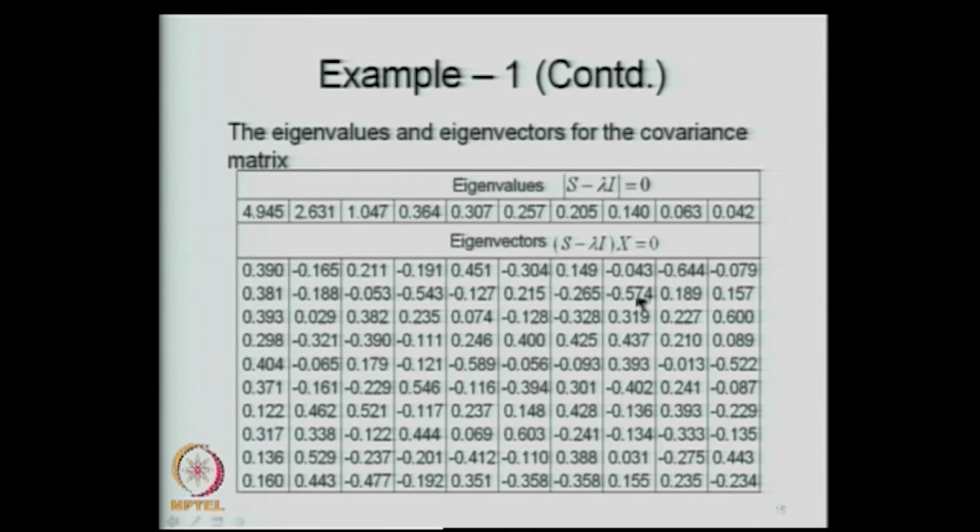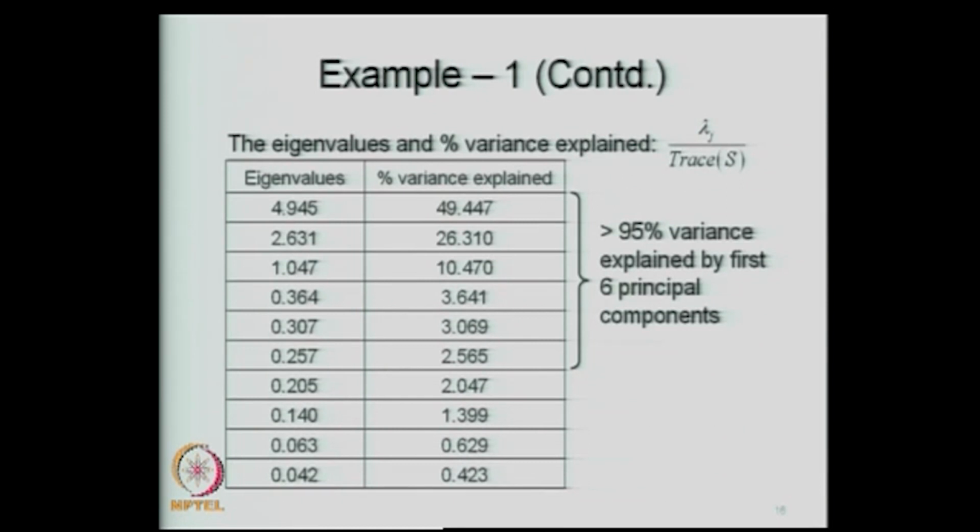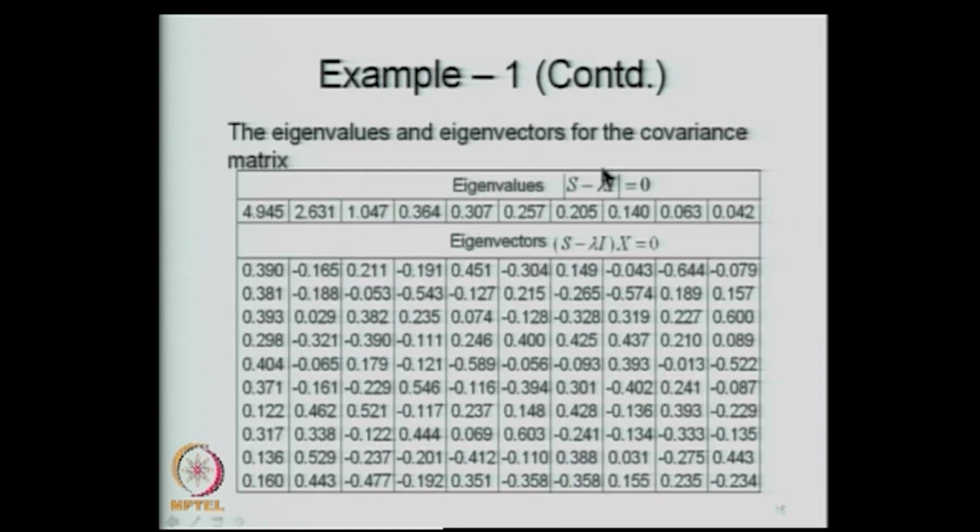So, this is what we obtain for the covariance matrix. Then we use these eigenvectors and look at the percentage variance explained by each of the eigenvectors. There are 10 such principal components. The eigenvectors consist of the principal components here.